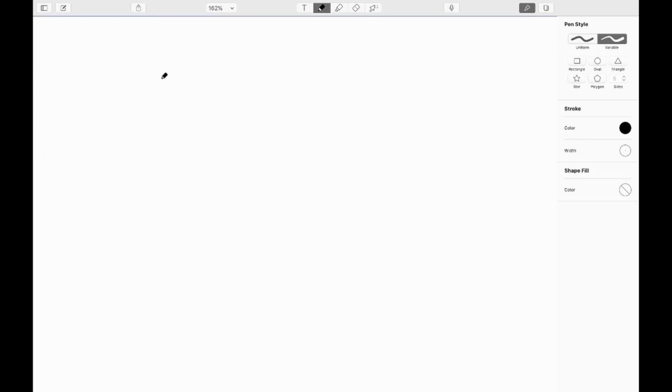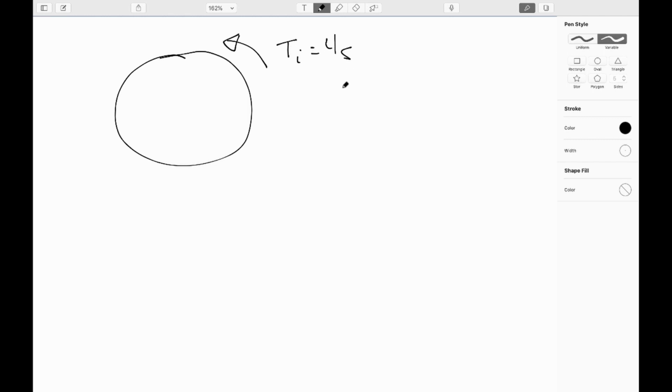Let's say you got a merry-go-round. And we will say that initially its period is 4 seconds. And we know that it slows down to a stop at 20 seconds. So it uniformly slows to a stop.